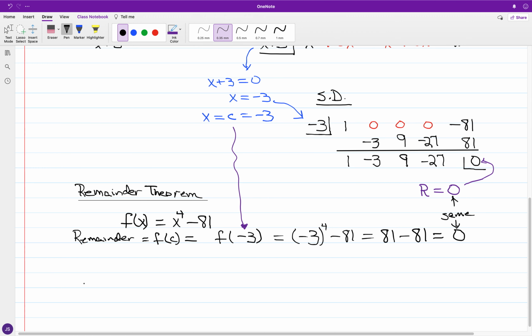Now, for what we have in case 41, we have a function f of x equal to 2x to the fourth minus 5x cubed plus x squared minus 7.